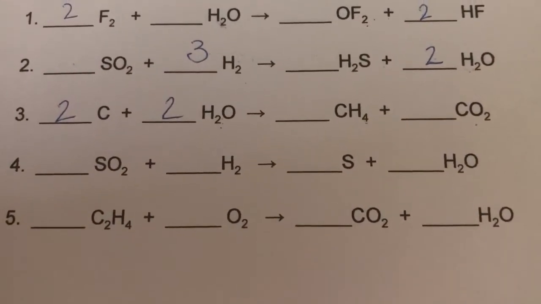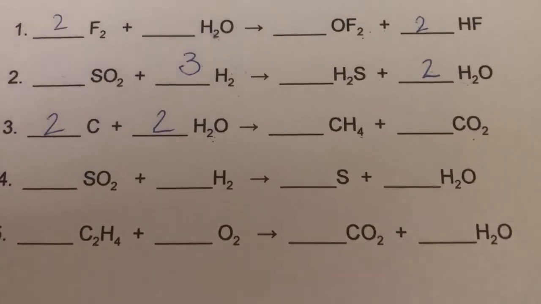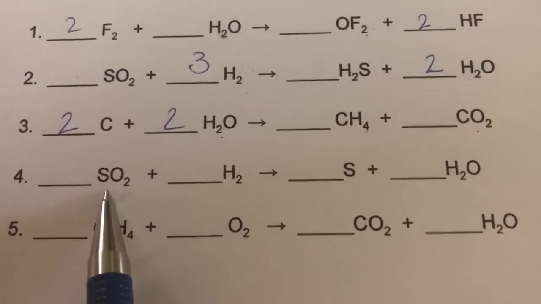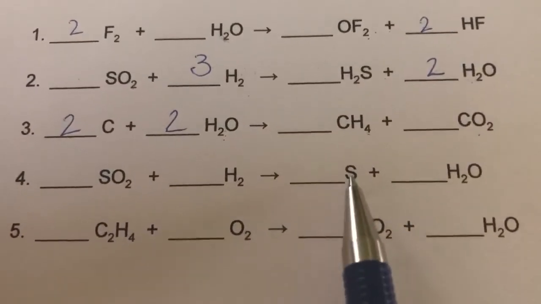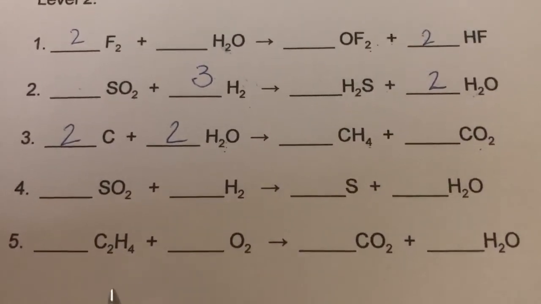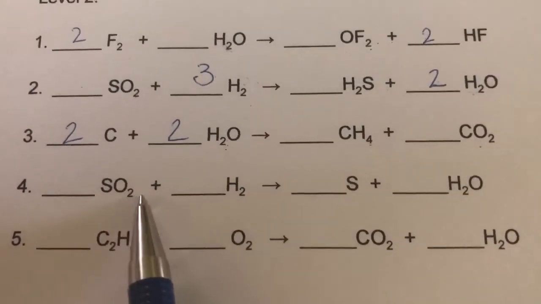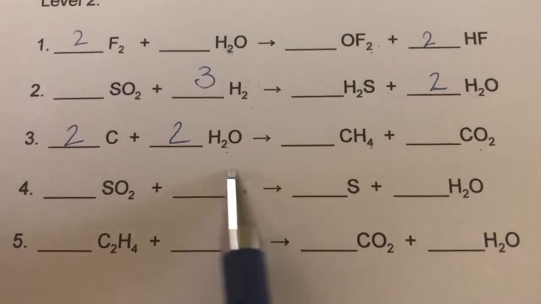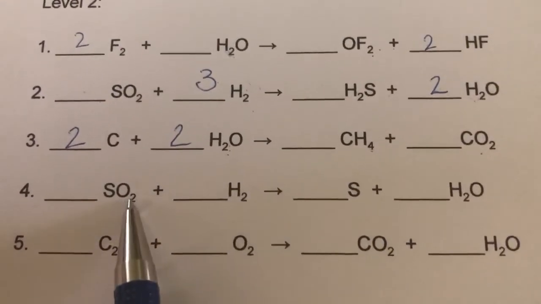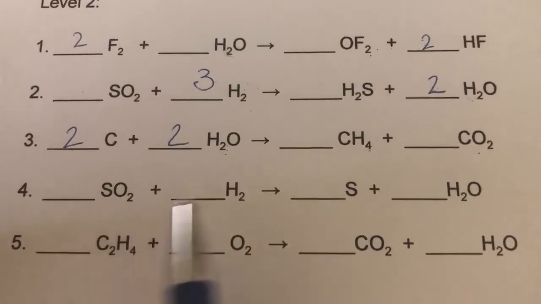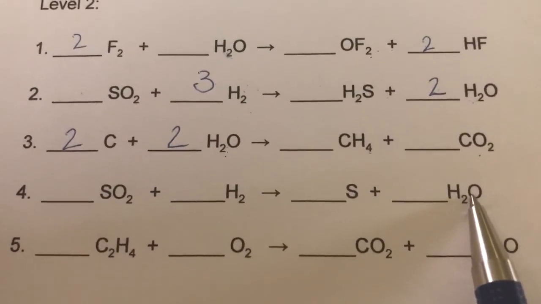Let's look at number 4. You have SO2 plus H2 produces S plus H2O. Start with our sulfurs first. 1 sulfur, 1 sulfur. Now, who would I want to take care of first? Well, I'm going to say let's take care of my oxygen first because this hydrogen is off by itself. I have 2 oxygens on the reactant side, and over here I only have 1 oxygen.